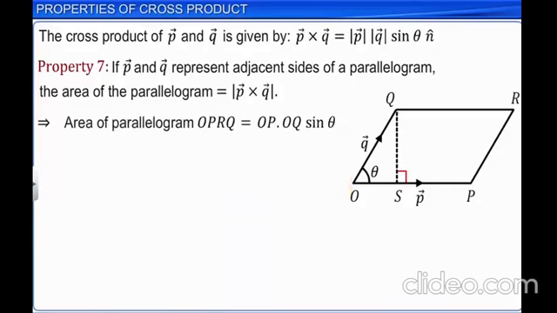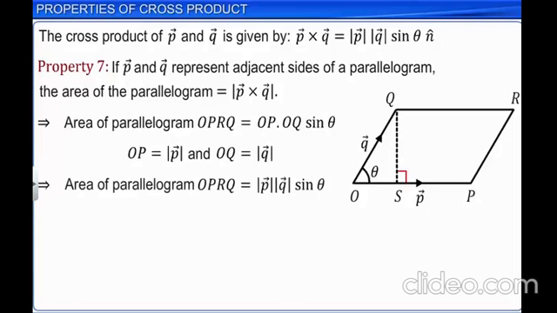Now, OP is equal to magnitude of vector p and OQ is equal to magnitude of vector q. This implies that the area of parallelogram OPRQ is equal to the product of the magnitudes of vectors p and q and sine theta.